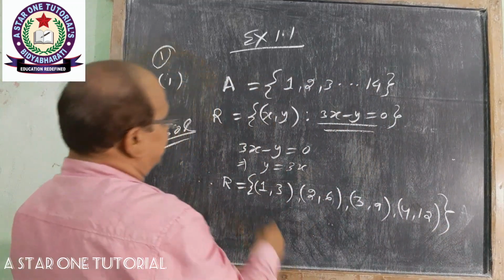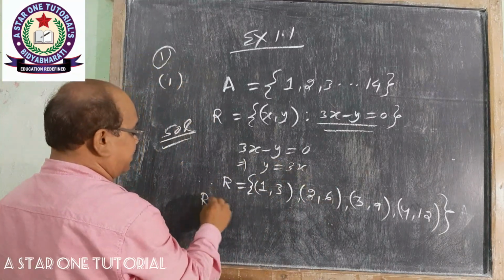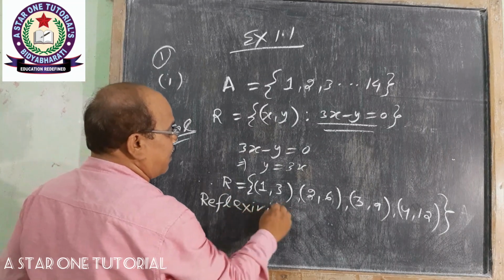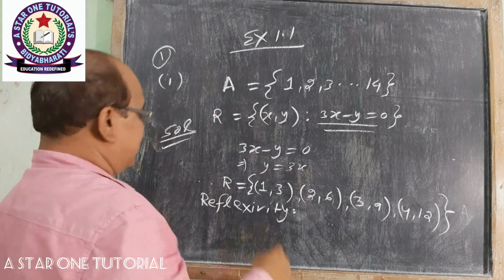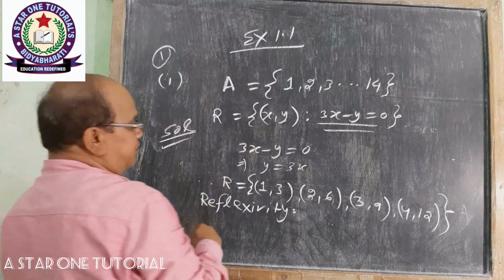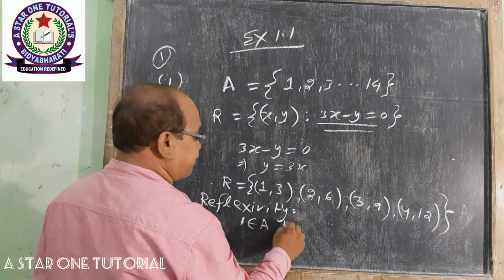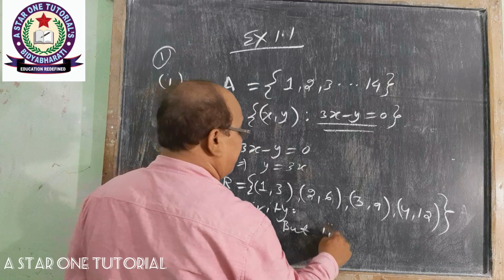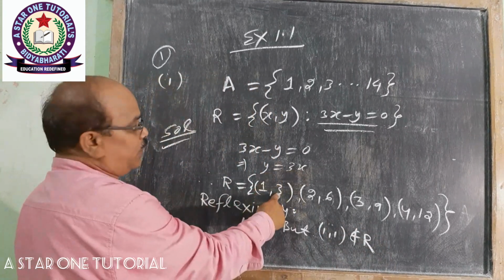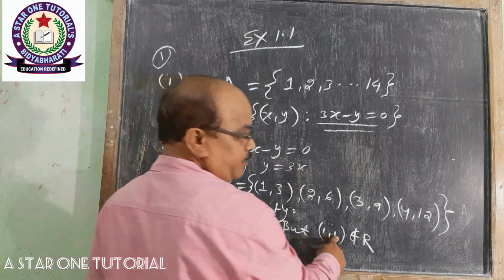Let us see whether it is reflexive, symmetric or transitive. First, reflexivity. You see that 1 belongs to A, but the ordered pair (1, 1) does not belong to R. Rather (1, 3) belongs to R. 1 is related to 3, but 1 is not related to itself.